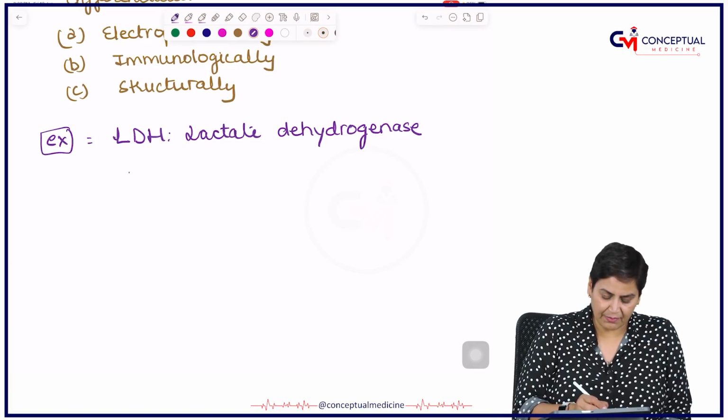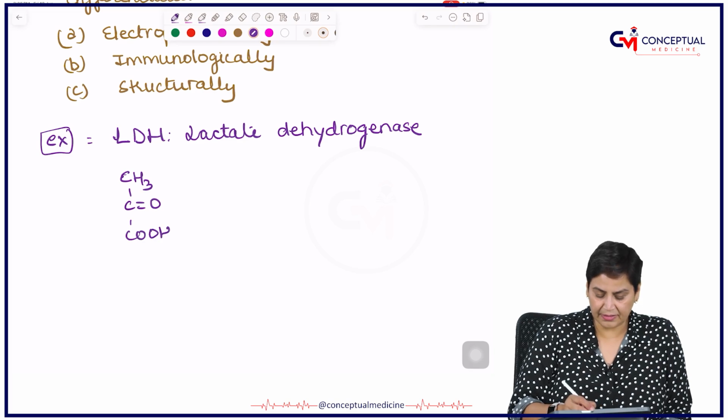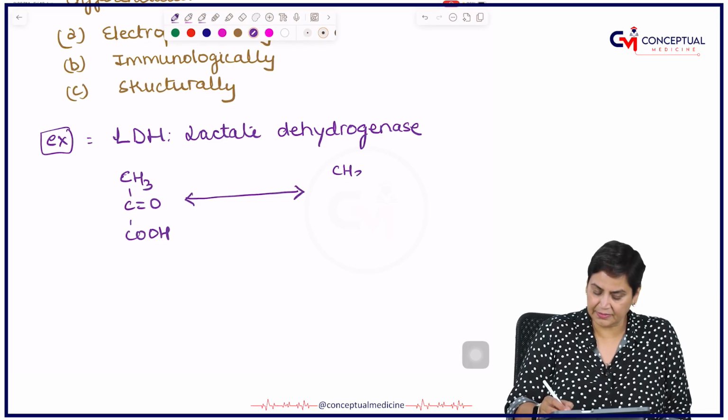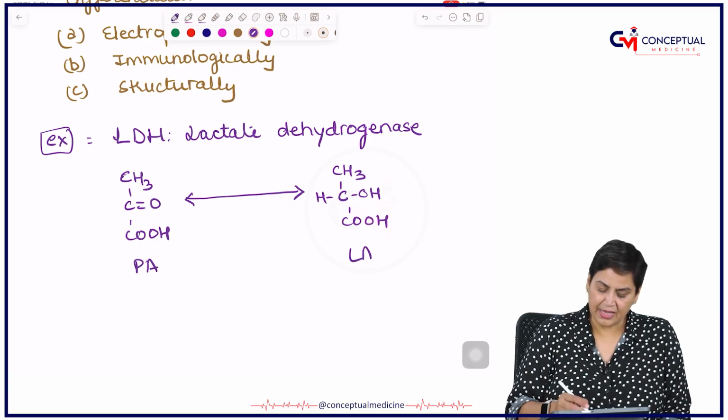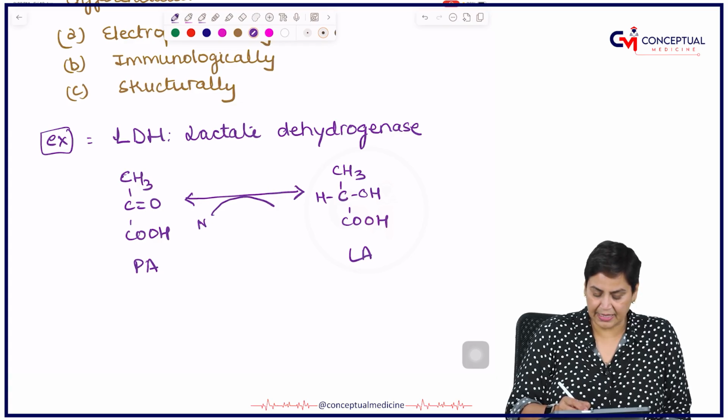It converts pyruvic acid to lactic acid. This is pyruvate and this is lactate. And simply we can say NADH plus H positive or NAD positive.